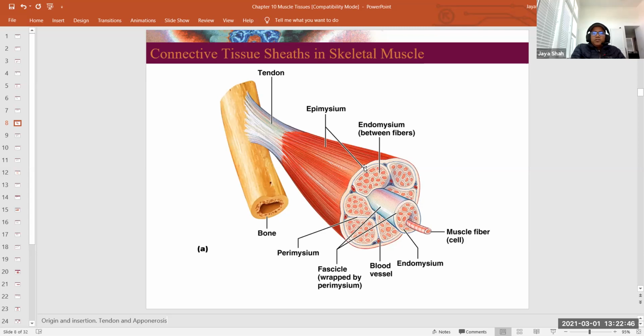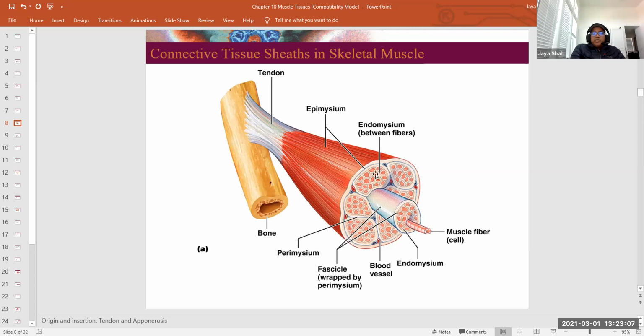The outermost covering of connective tissue is the epimysium. This color is slightly a misnomer; it should be white. So this is the epimysium, which covers the whole muscle.